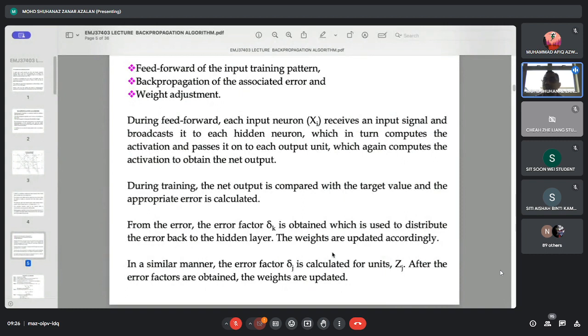So that is the difference between backpropagation compared with the simple algorithms that we have learned, which are perceptron and also Hopfield net. Okay.